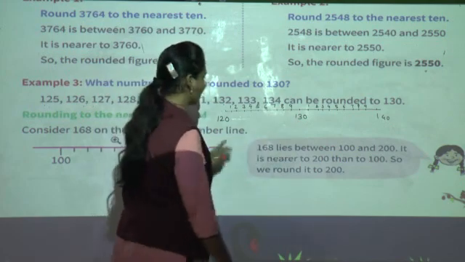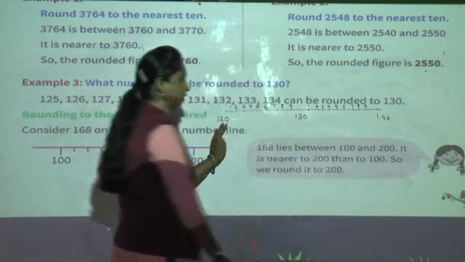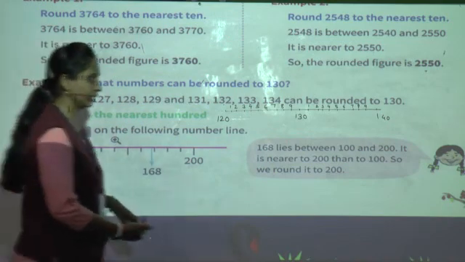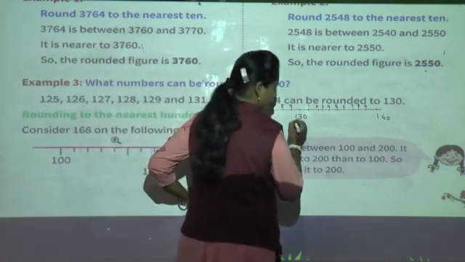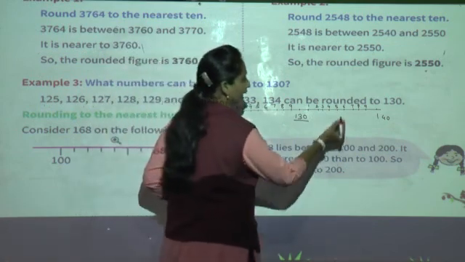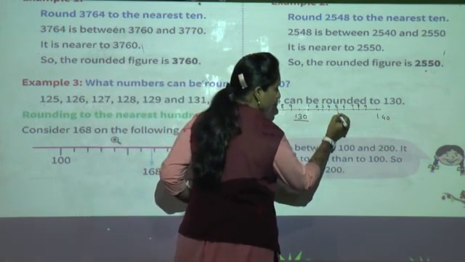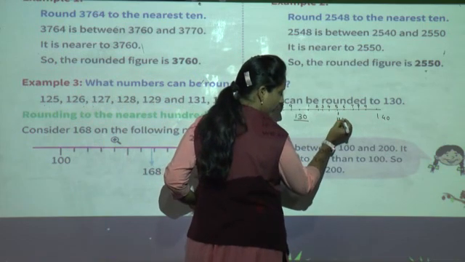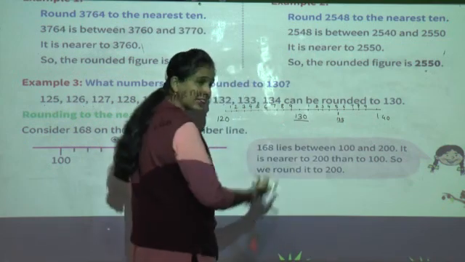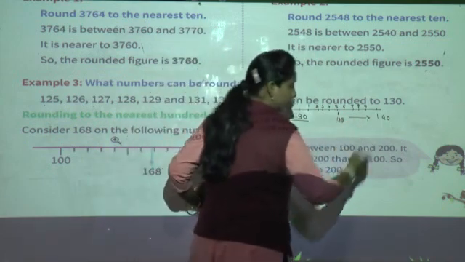See, 130 lies between 120 and 140. We have to write the numbers that can be rounded to 130. If we want to round to 130 only, how many numbers can we take? See, suppose here there is 135. If 135 comes, 135 is nearest to 140.